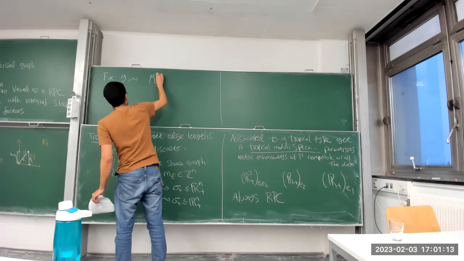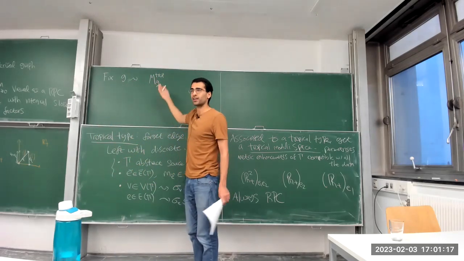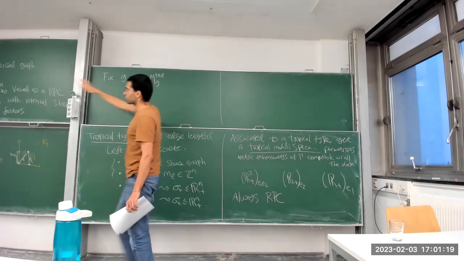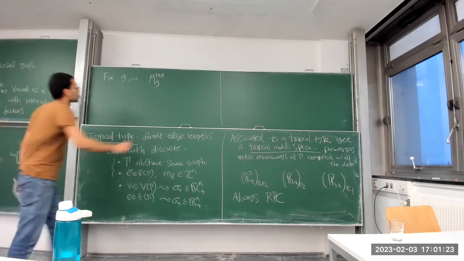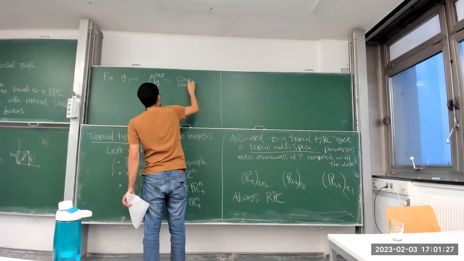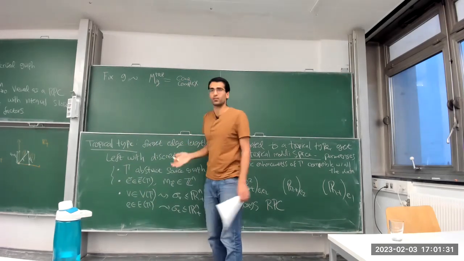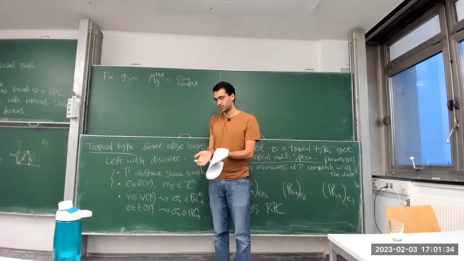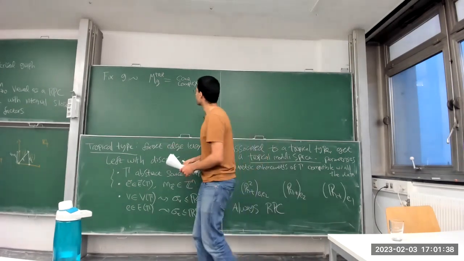Then there's this space M_g trop, and this is a cone complex or a cone stack, which parameterizes abstract graphs without some map. I'm going to say this is a cone complex, but really it's a stack. Anyway, it's something that looks like a fan of a toric variety. It's obtained by taking a bunch of rational polyhedral cones and gluing them together along faces.